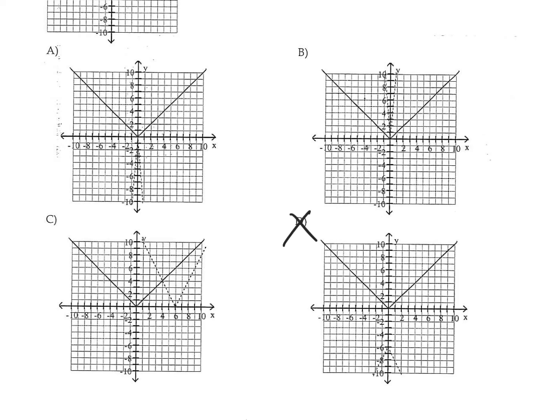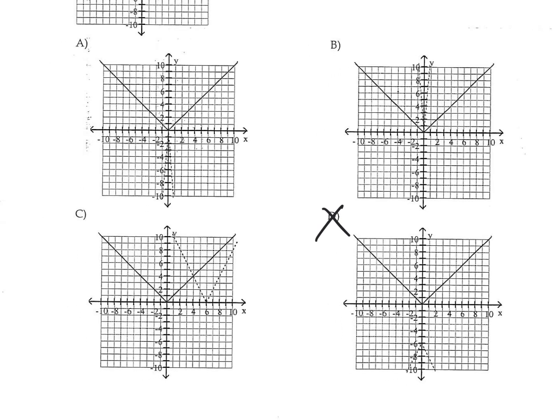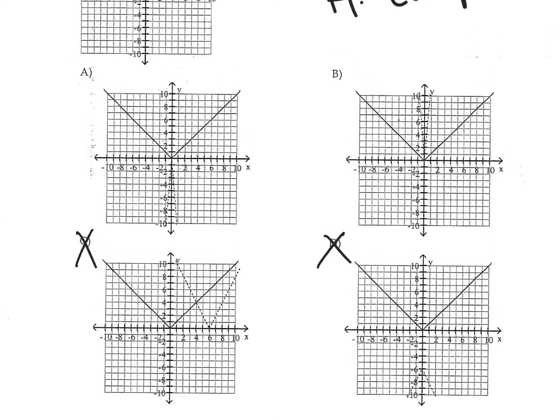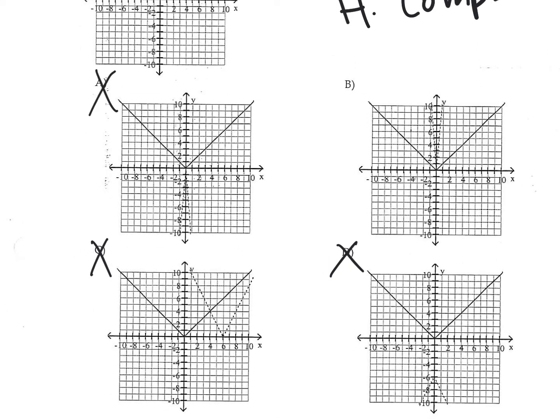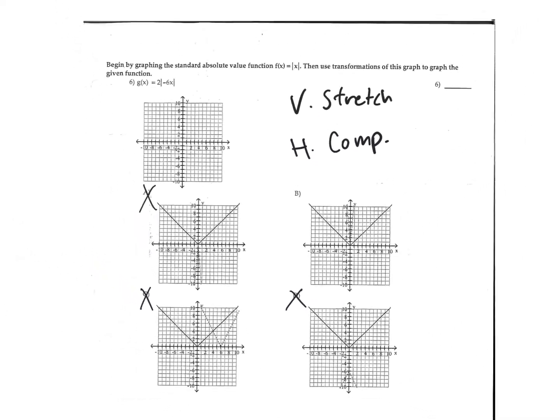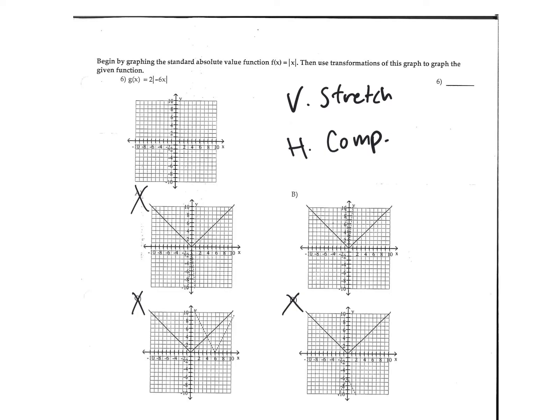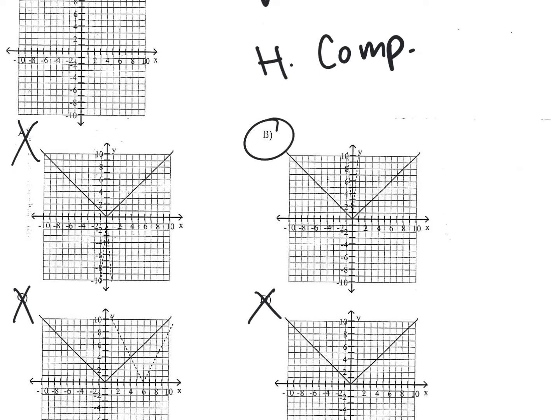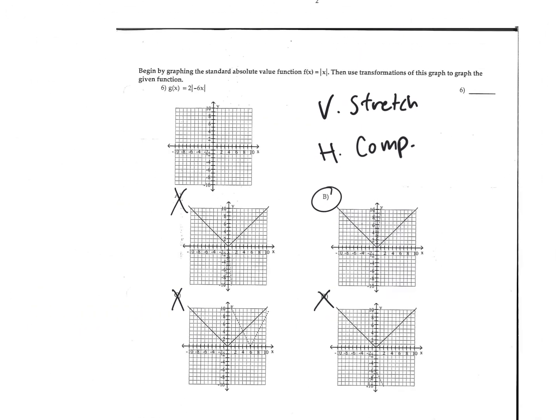Option D can be eliminated because we are not multiplying by a negative. Option C can be eliminated because we have not shifted right or left. Option A can also be eliminated because the negative inside the absolute value does not flip us over the x-axis, but rather over the y. That means that B is the only possible option.